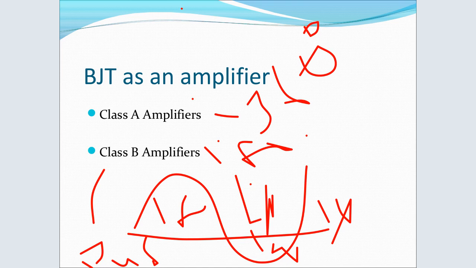So just read through the notes I'm going to attach on our platform. There is going to be a continuation on transistor as an amplifier and transistor as a switch.